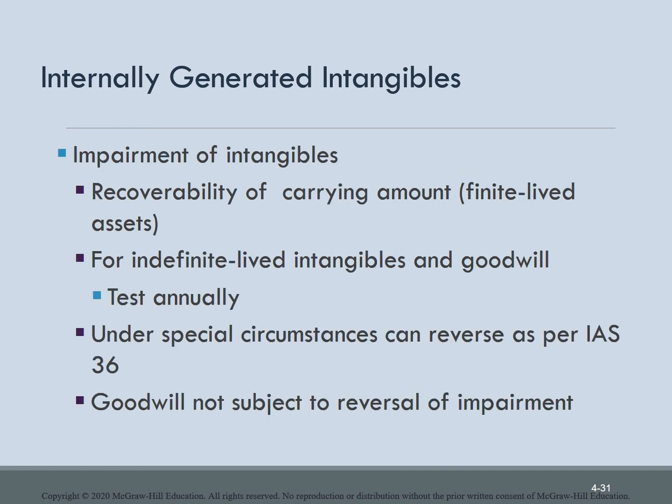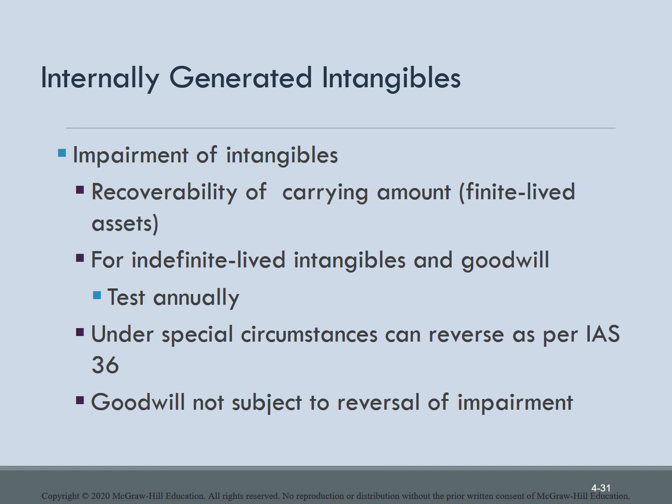In terms of impairment of intangibles, once again, these rules are going to be somewhat similar to US GAAP. You're going to do a recoverability test. Remember that your recoverability test for plant and equipment is the same for a finite-lived intangible asset, such as a patent.